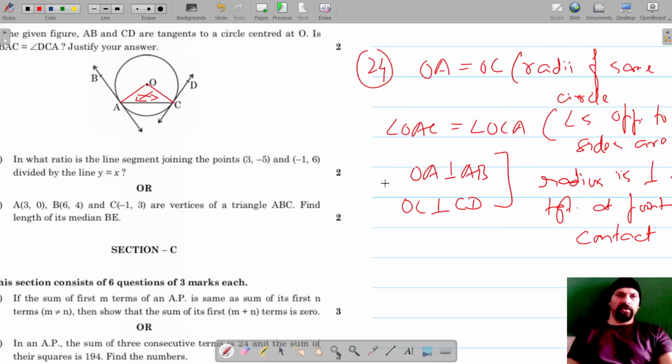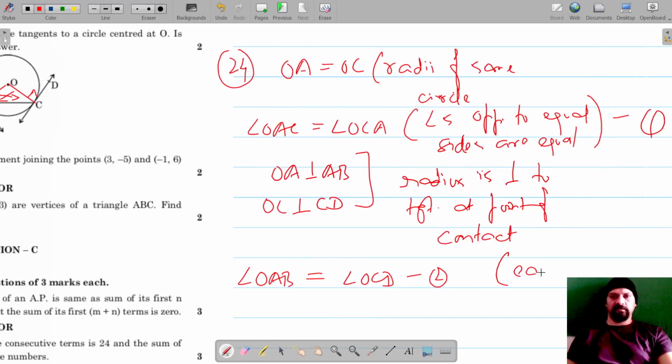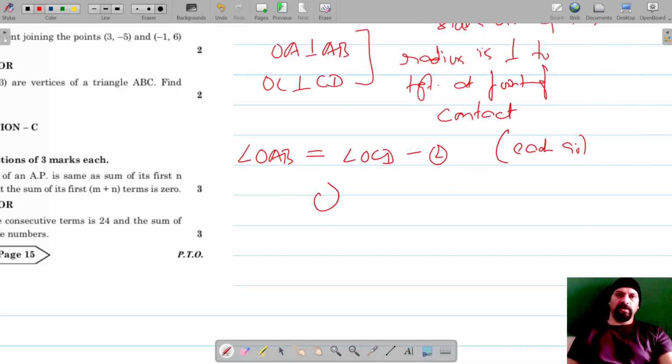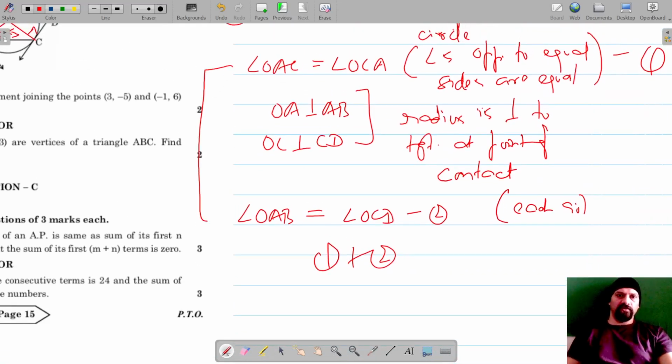So if OA is perpendicular to AB, that means angle OAB is equal to 90 degree and angle OCD is also 90 degrees. So that means angle OAB is equal to angle OCD. And the second reason is each is 90 degree. So we are going to add 1 and 2, LHS to LHS.